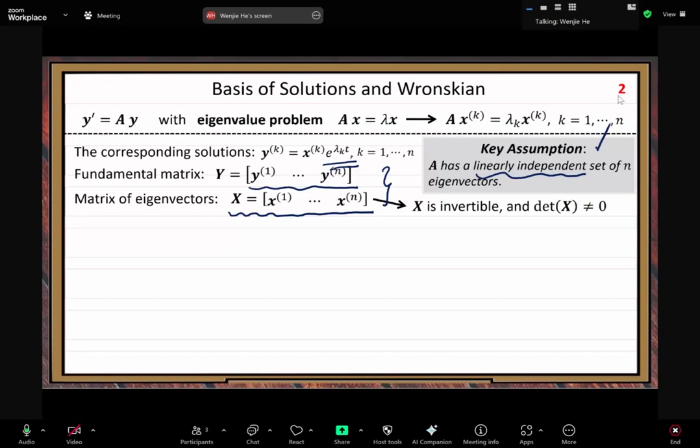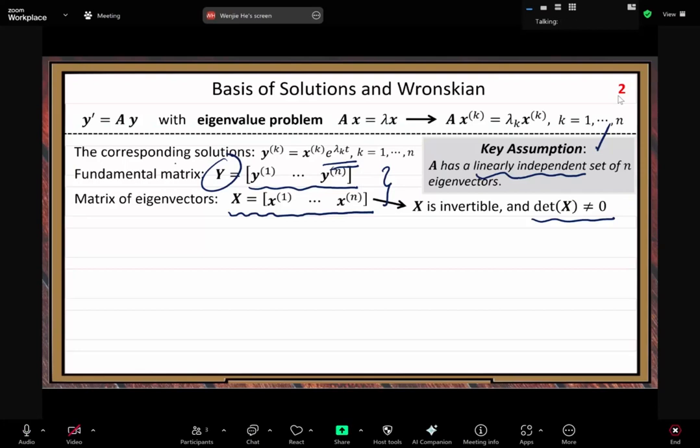You get an invertible matrix, and the determinant must be non-zero. If you calculate the determinant of X, it is non-zero. Similarly, it is also true for Y, because the n Y vectors are also linearly independent. Then the Y matrix is also invertible, and the determinant of Y is non-zero.